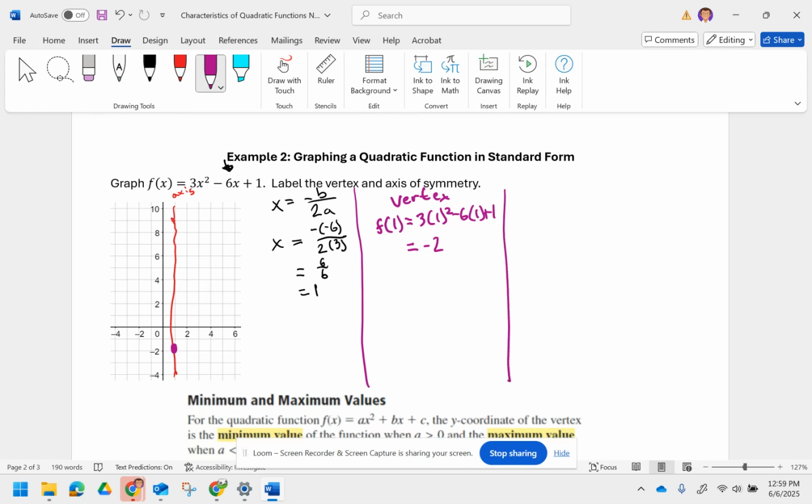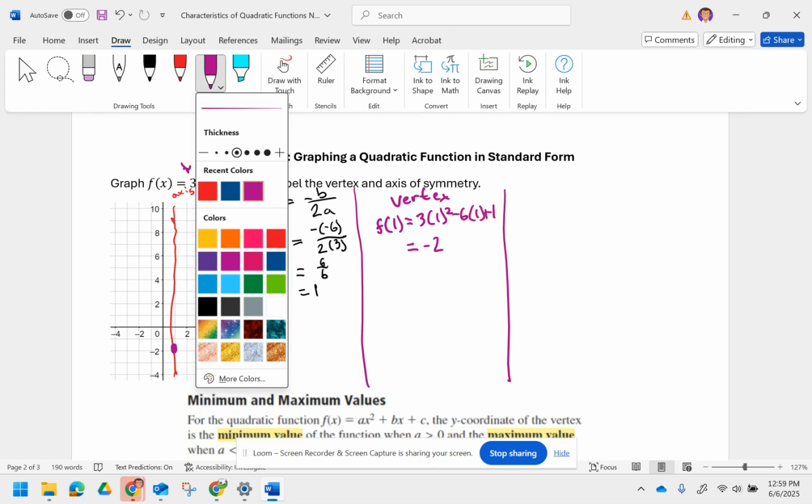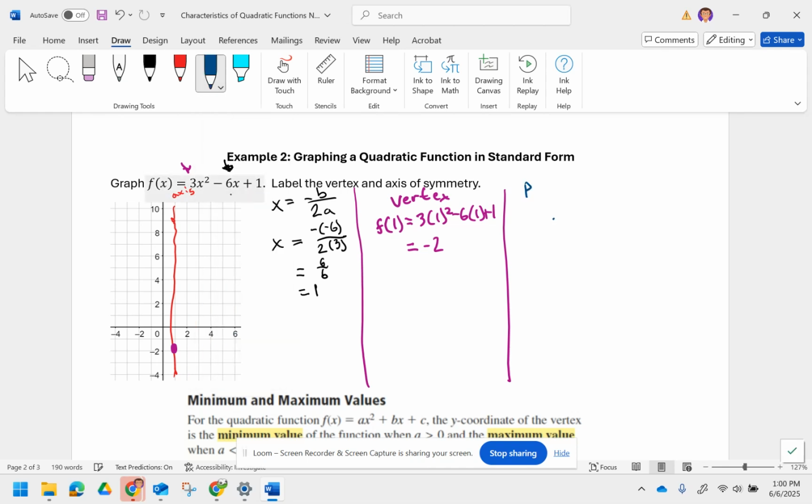Also, notice the way that the a value, 3, is a positive number. It means it's going to open upwards. So to see that happening, let's get some points. One point that we can easily get is f of 0 because of the way this is written.